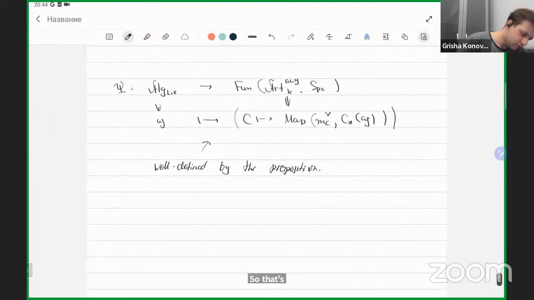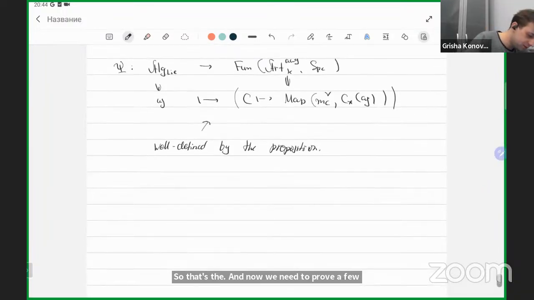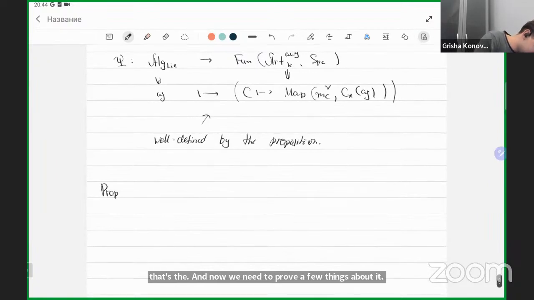And now we need to prove a few things about it. So let me state it as a proposition.